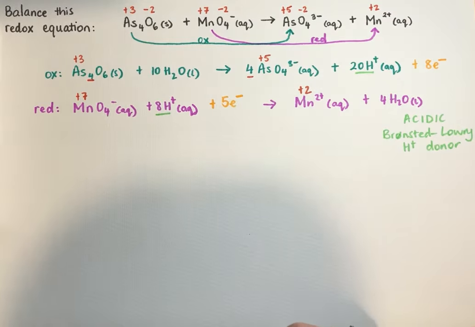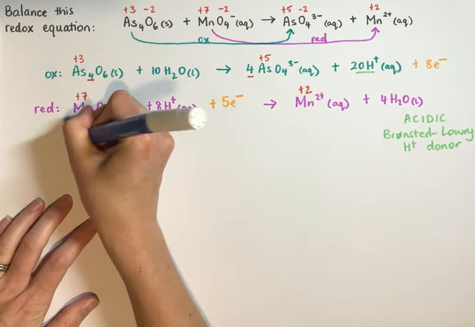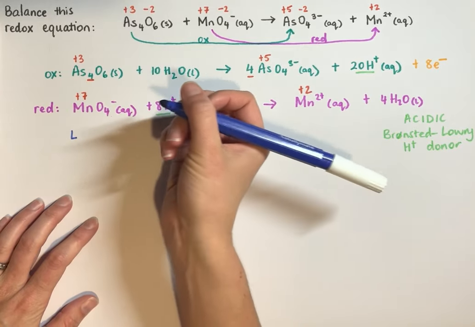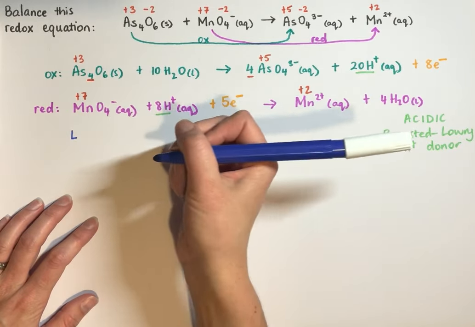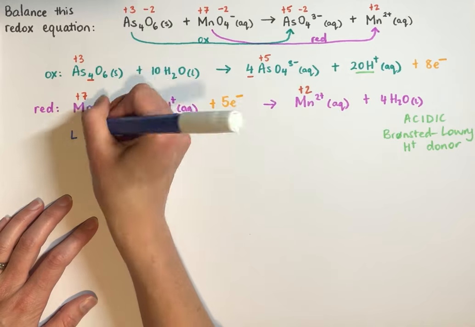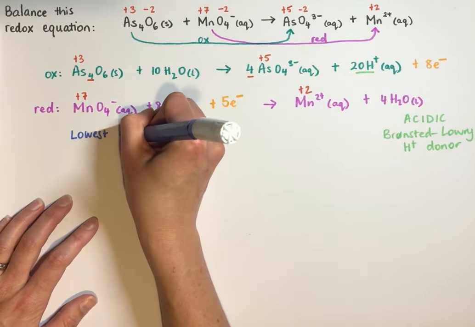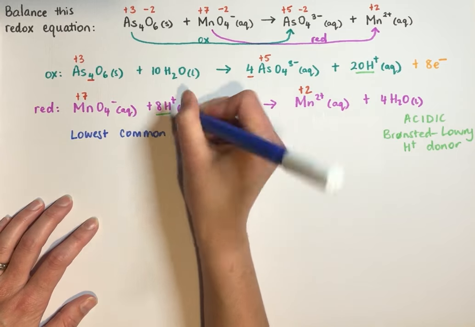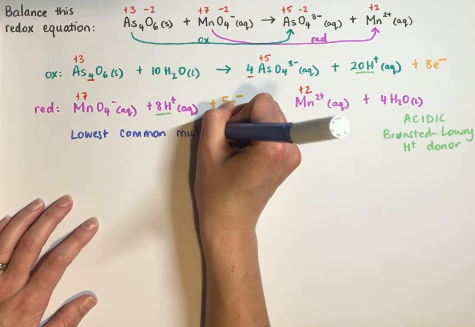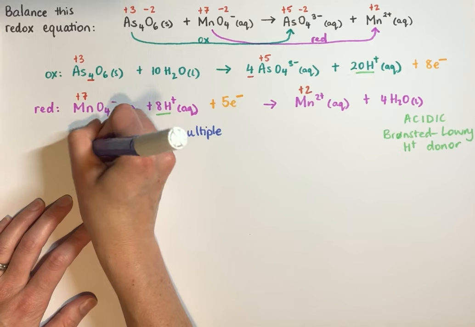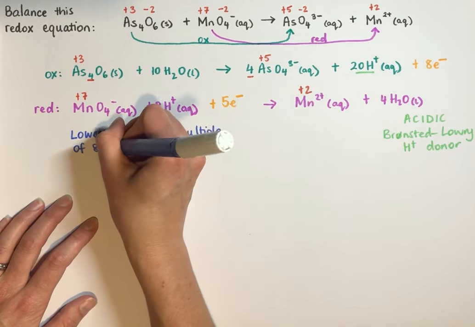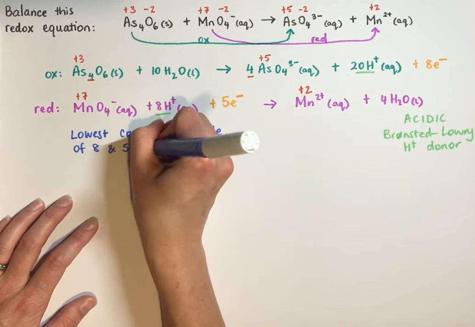Lowest common multiple, what am I saying? Not highest common factor, lowest common multiple, let's remember my year 7 maths. Lowest common multiple of 8 and 5.